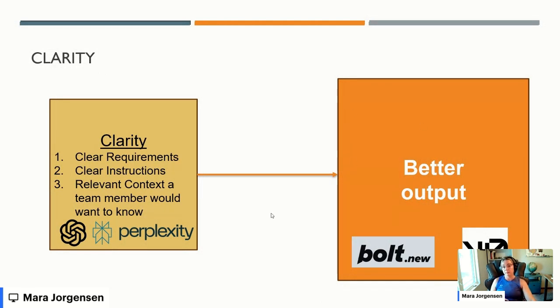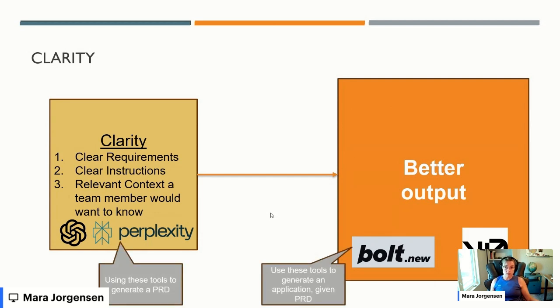Just to be super specific here, what we are going to be doing is using tools like ChatGPT, Perplexity. There are lots of other tools out here that we're essentially chatting with. And we are using these tools to generate a product requirements document. And you'll see it's very straightforward once I get into it. I'll show you here in just a minute.